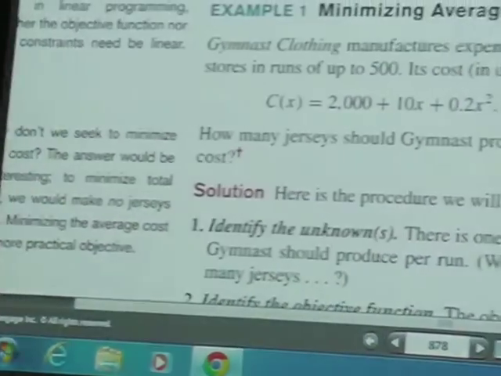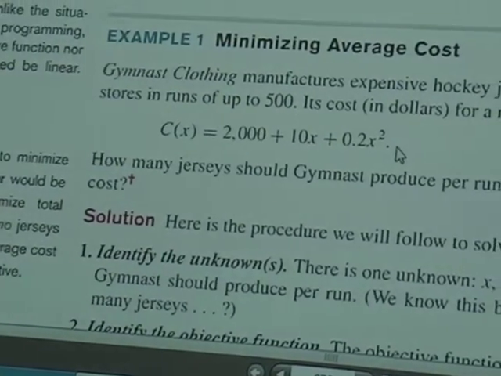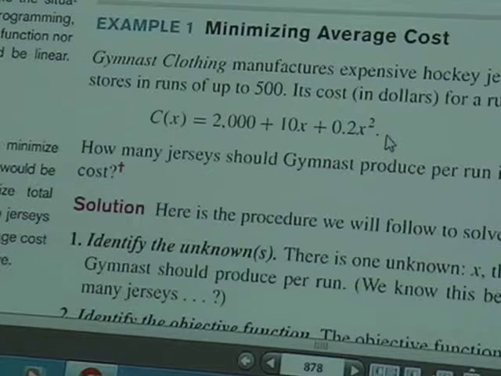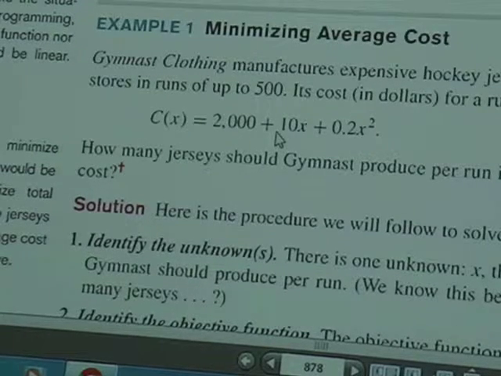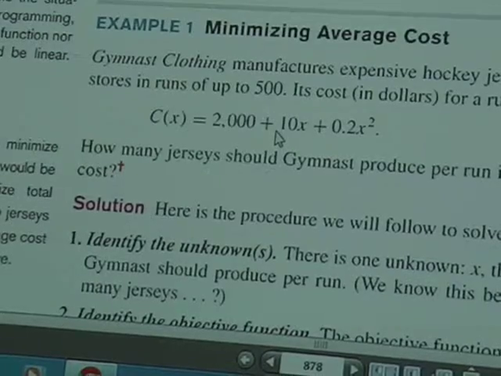You just take this function and divide it by x. So what's the first term when you divide it by x? 2,000 divided by x, right? And what's the second term when you divide it by x? 10. And what's the third term when you divide it by x? 0.2x, right? So that's pretty easy to calculate. And that is the average cost function.